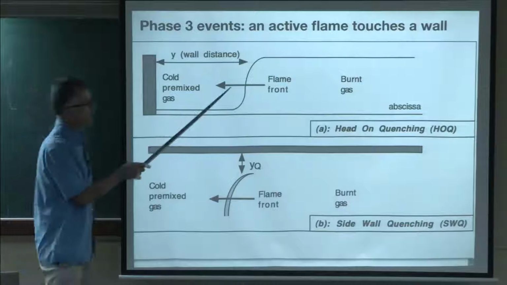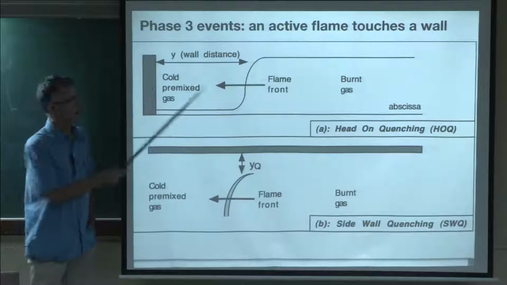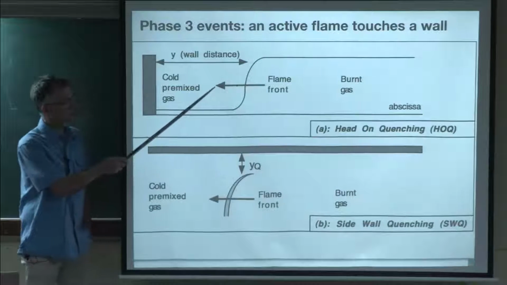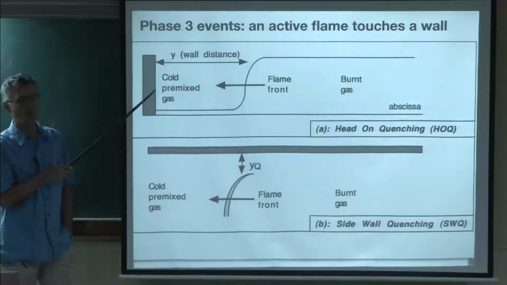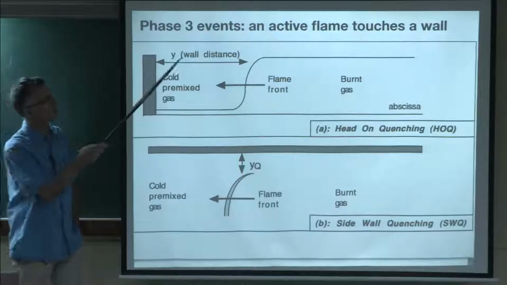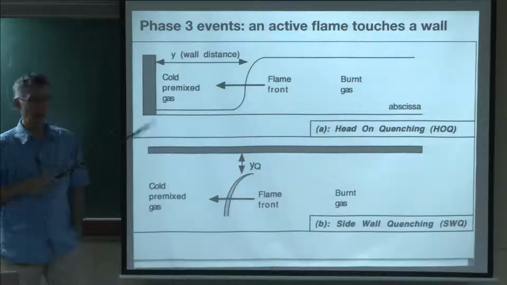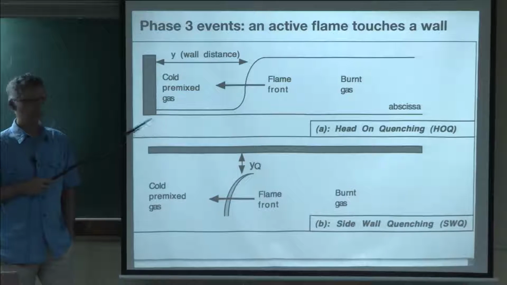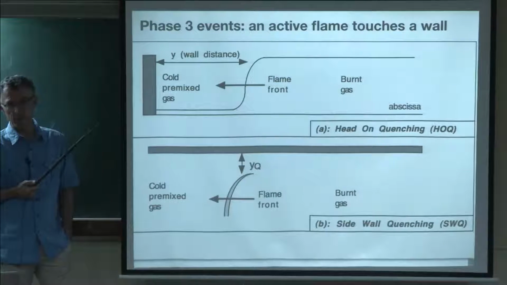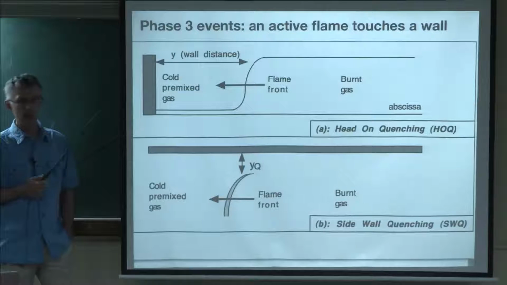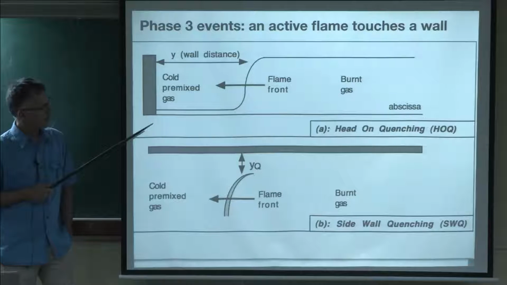Head-on quenching is what's happening if you have a wall here, and you have a flame propagating, and then suddenly the flame hits the wall. That's why we call it head-on, because it's straight on, and it's an unsteady problem, but it's one-dimensional. So you can do it in the lab, and you can do it experimentally. And you can do it numerically, excuse me.